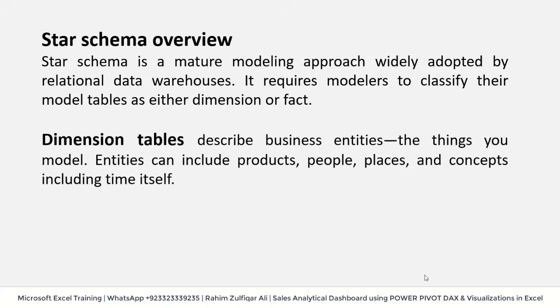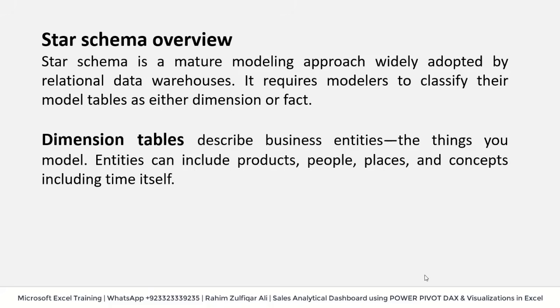So dimension tables describe the business entities, the things you model. Entities could include all the information of the products in one table containing the unique records. Okay, remember that. About the people in terms of customers or employees, about the places where they are doing their businesses, and other concepts, or a calendar table or time itself.